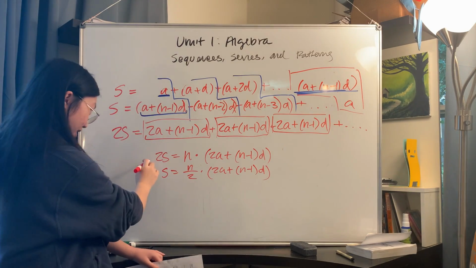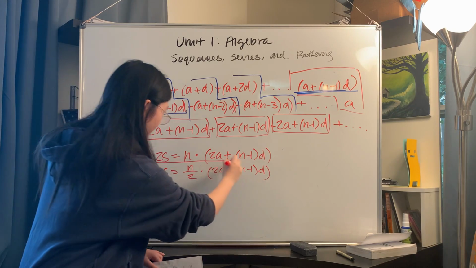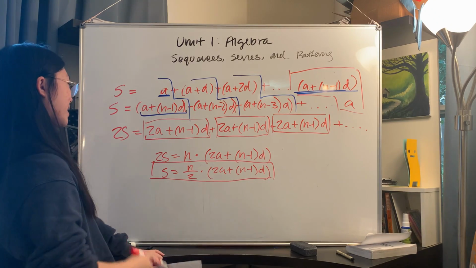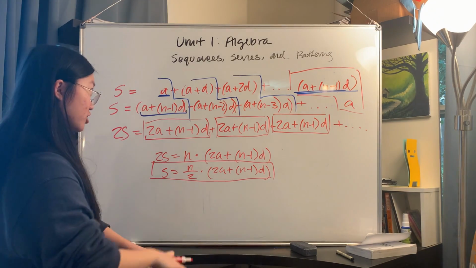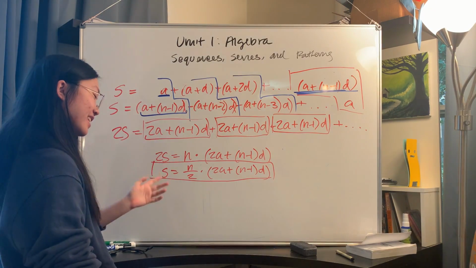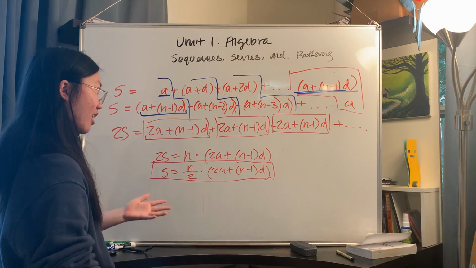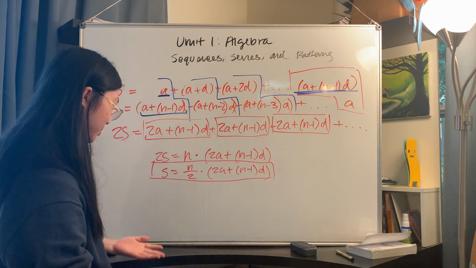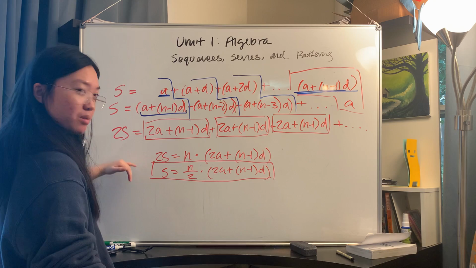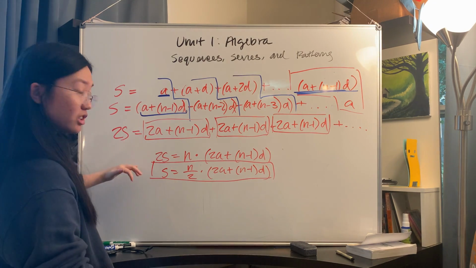And this is, I think, a pretty complicated formula. So if you ever forget this one, you should just remember how we solved for this, because I find that usually remembering proofs is a lot easier than remembering the actual formula. This is good to keep in mind for the following problems that we're going to be doing, including problem 1.